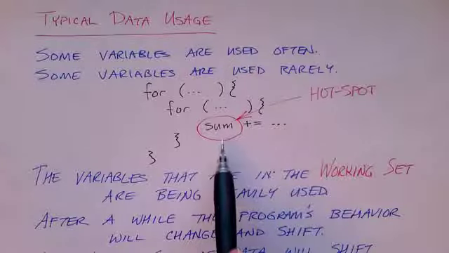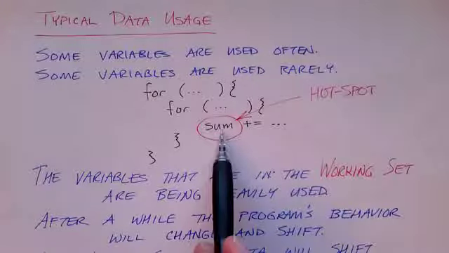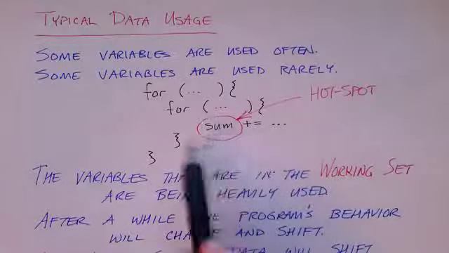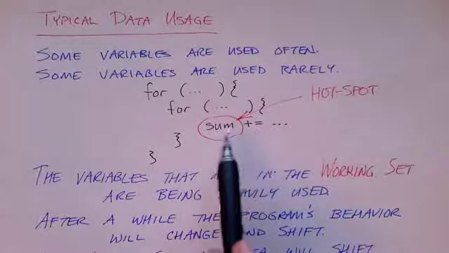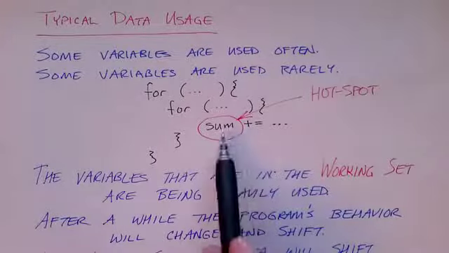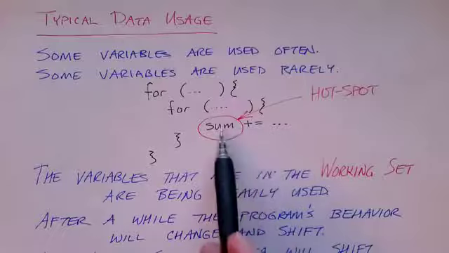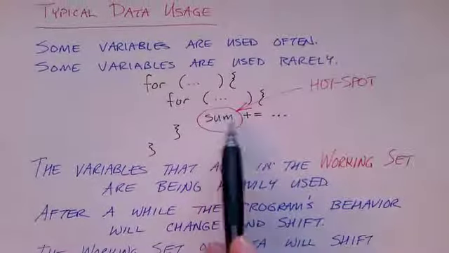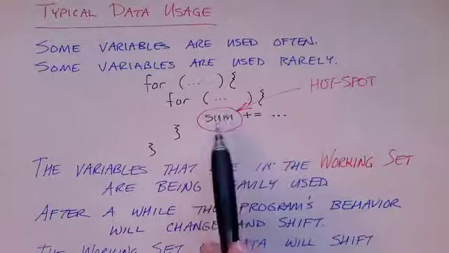So from a data perspective, not an instruction perspective, this variable sum is a hotspot, because during this execution of the inner loop, this variable is both read and written, right? We're incrementing it, so we have to get the variable, and then we add something to it, and then we write the variable back. So this variable is in the working set when the program is in this loop.